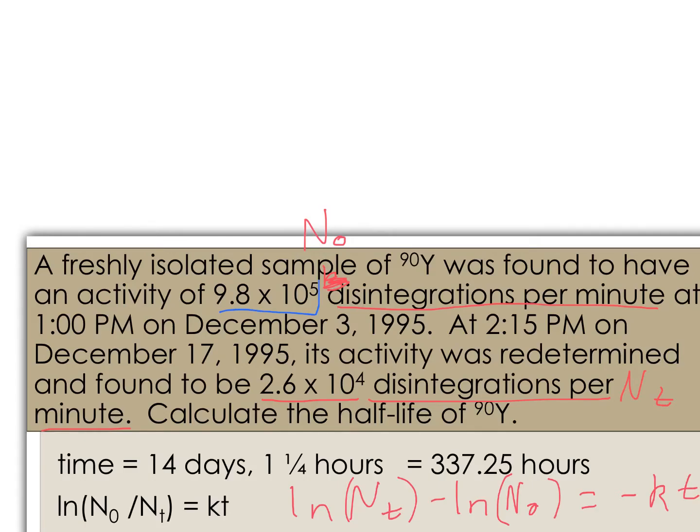I have my 10.8 times 10 to the 5th was my initial. That would go here. My 2.6 times 10 to the 4th was my specific time, so that would go here.